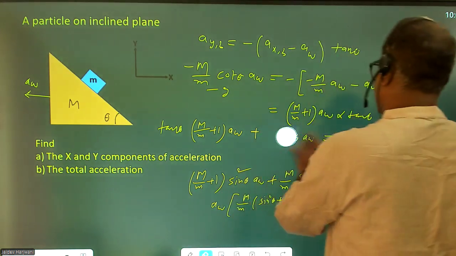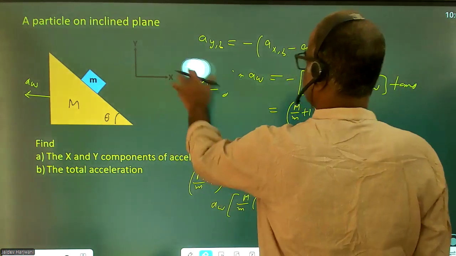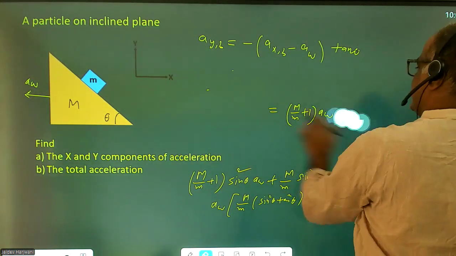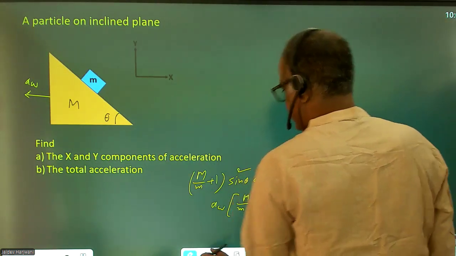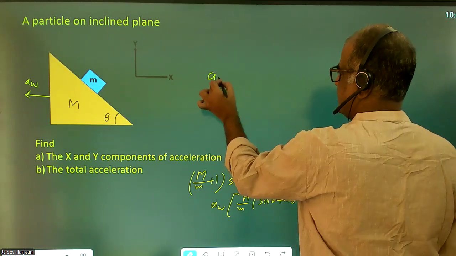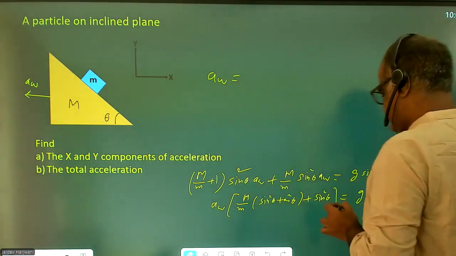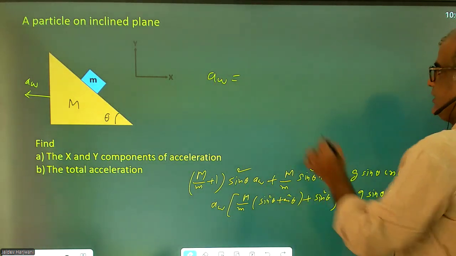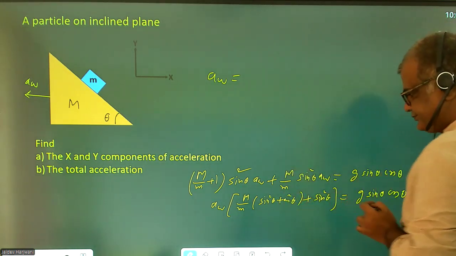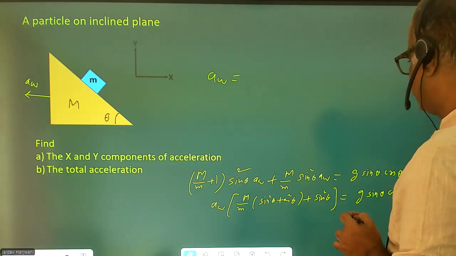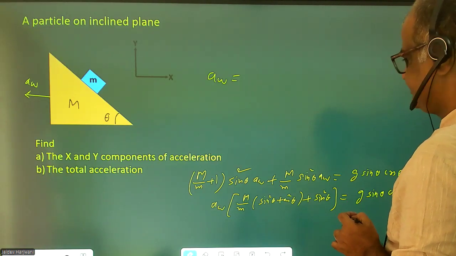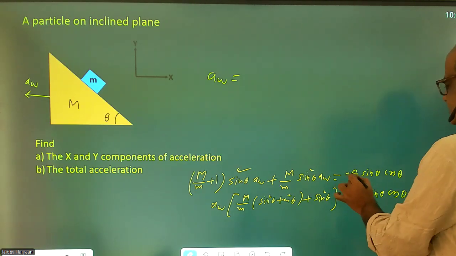Now the solution is only one step away. Let us say now I want to find the acceleration of the wedge. There should be a minus sign also, so go back.